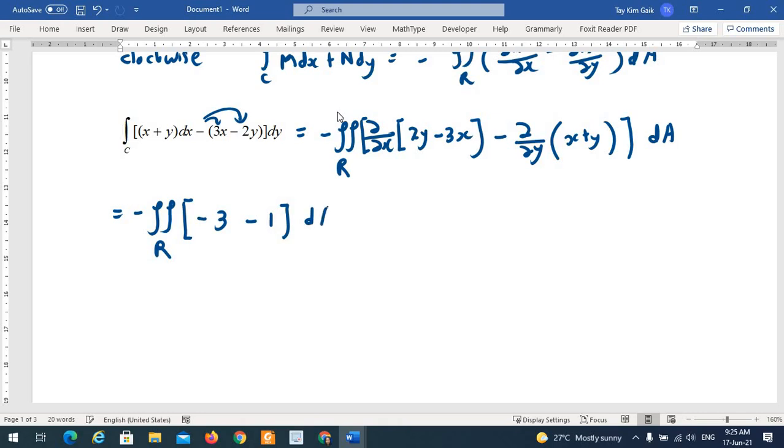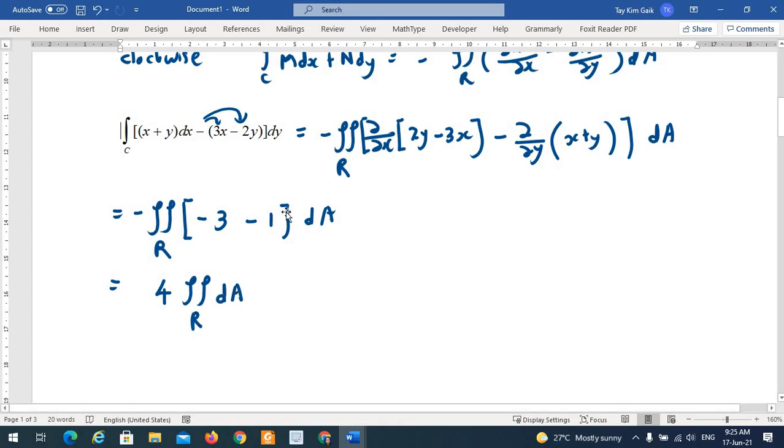So negative 3, negative 1, the total is negative 4, times negative, so it's 4 times the integral, because this is constant. That's why you have 4 times the double integral of dA across the region R.